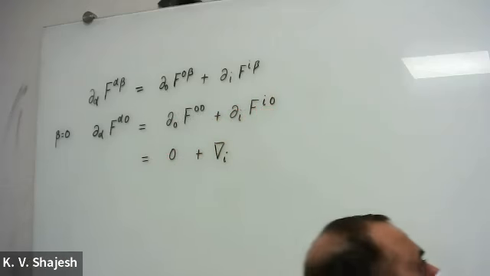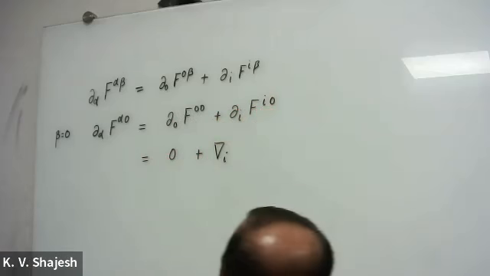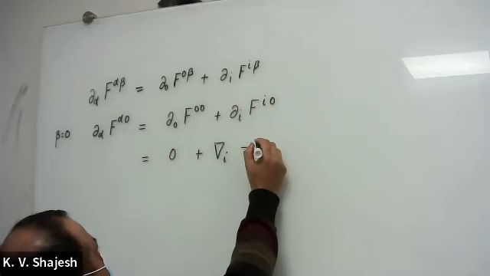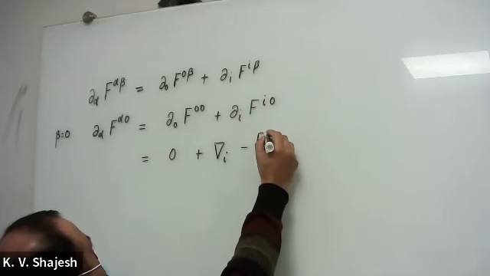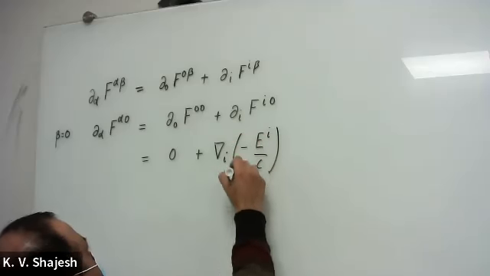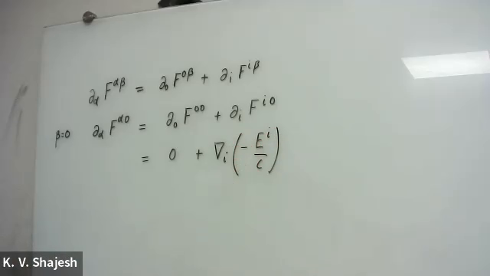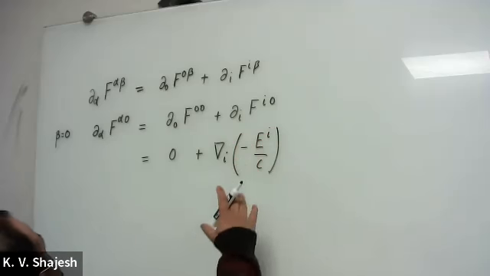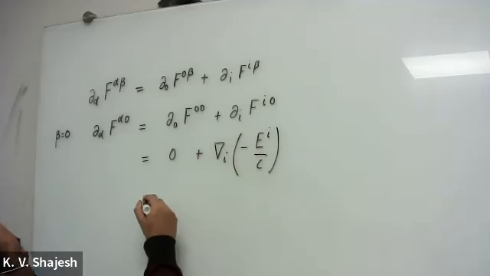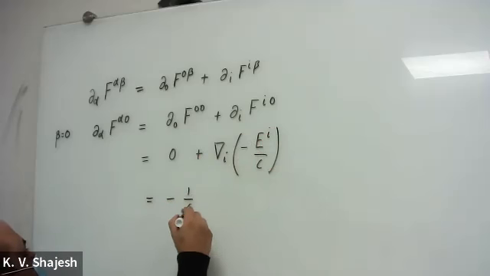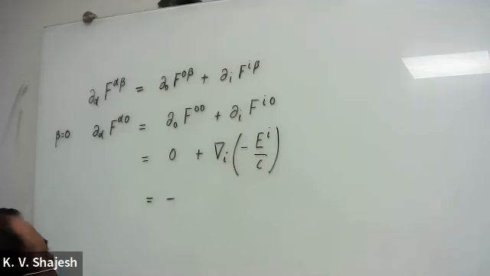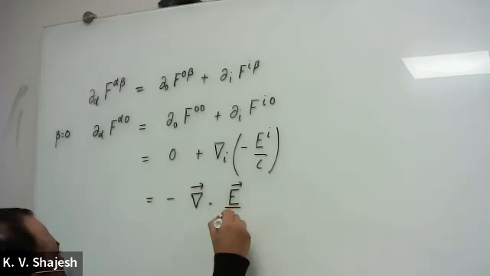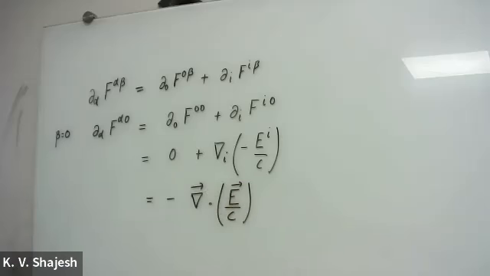Fi 0 is nothing but the electric field, but it's minus the electric field, so it's minus the electric field over C. So this is equal to minus del dotted with E over C.